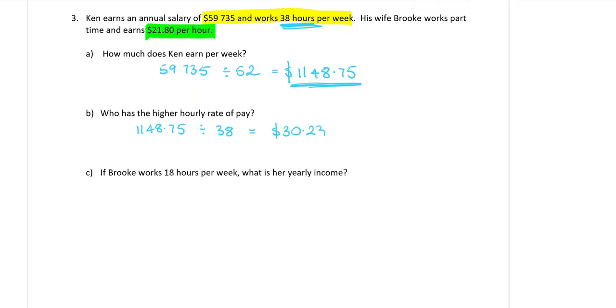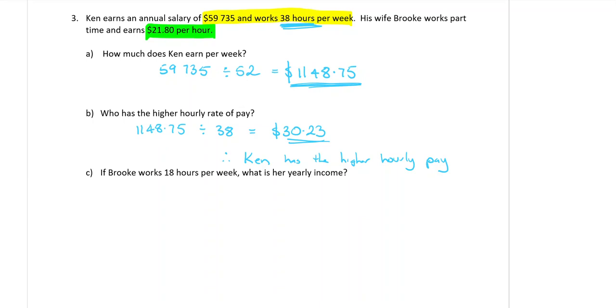Okay, so that means if he's getting $30.23 and she's only getting $21.80, then he is getting a higher hourly rate of pay. So we're going to say, therefore, Ken has the higher hourly pay.